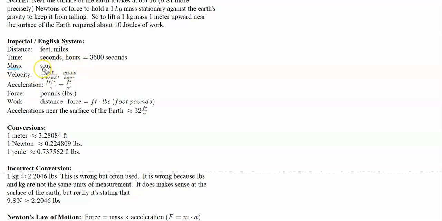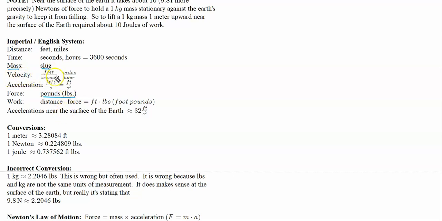Mass in the English system is, you've probably never heard of this before, called a slug. You might have thought maybe mass is pounds. No, that's actually a force in the imperial or English system. So a force in the English system has units of pounds associated with it.